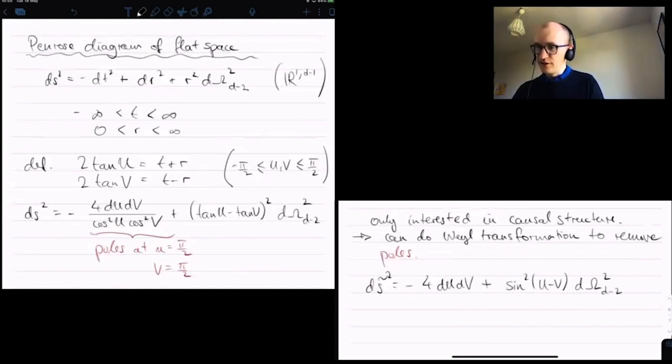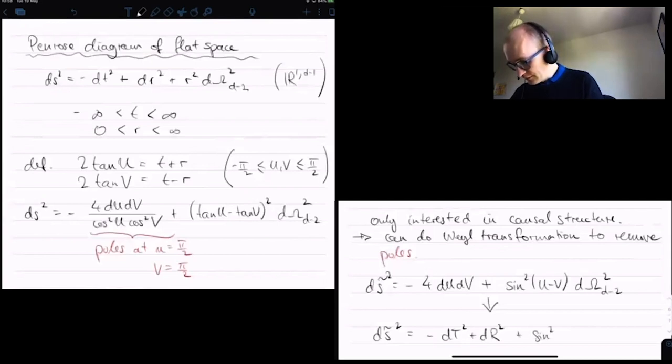Now I'll do one final transformation. As I sort of anticipated already in flat space, this is a little bit complicated, but it is customary to write this instead as minus dt squared plus dr squared plus sine squared r d omega_{d-2} squared. So what has happened here?